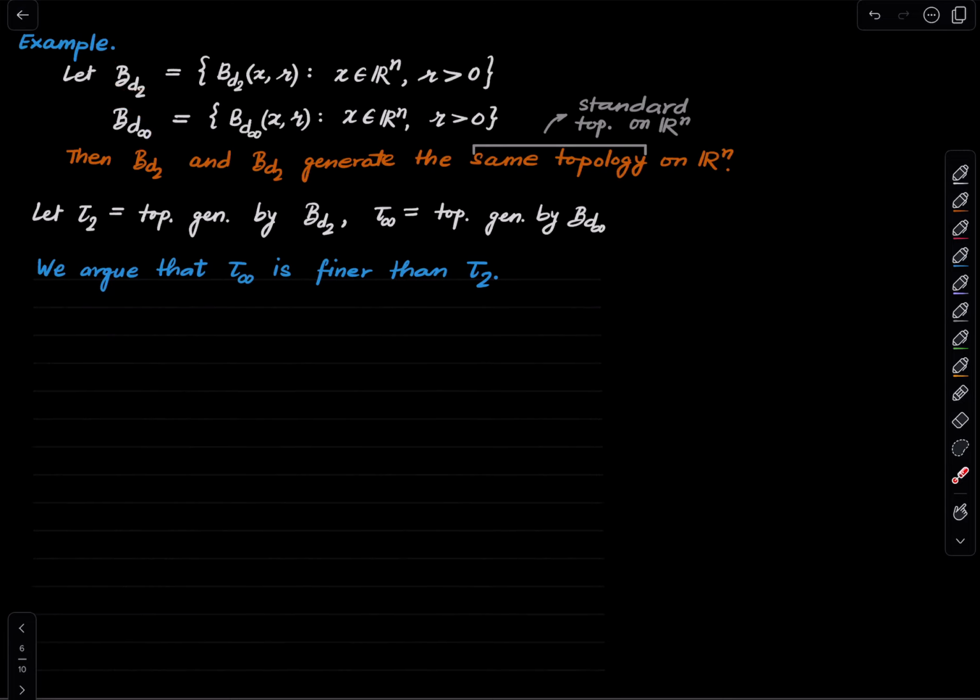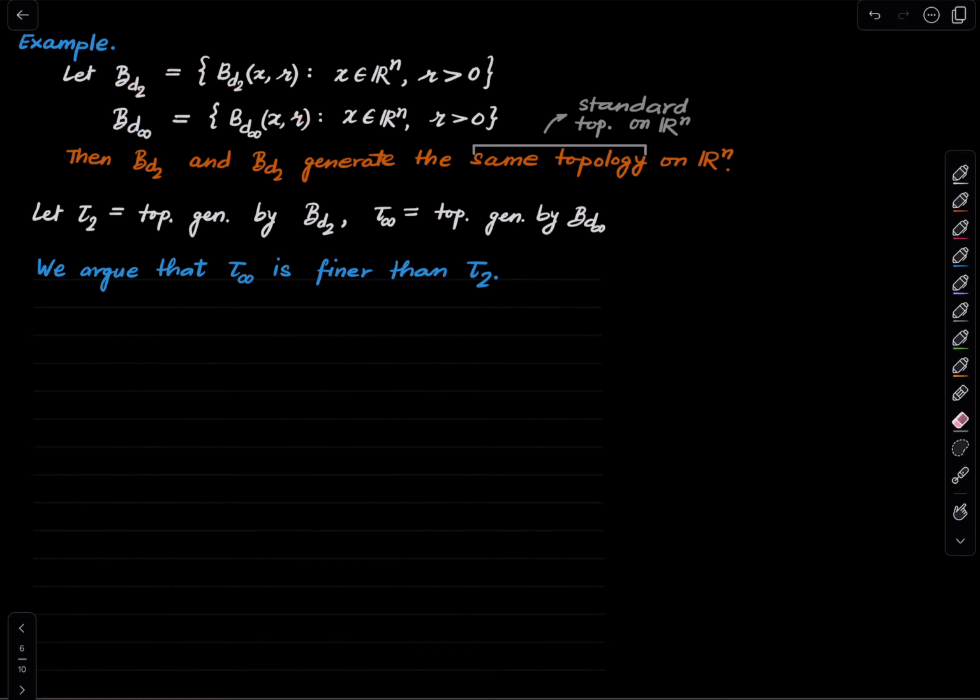So to prove this, by using the previous proposition, we will pick an arbitrary element in the basis that generates tau 2 and show that if we choose an arbitrary point in this chosen element, we can find something in the basis that generates tau infinity which contains that point.